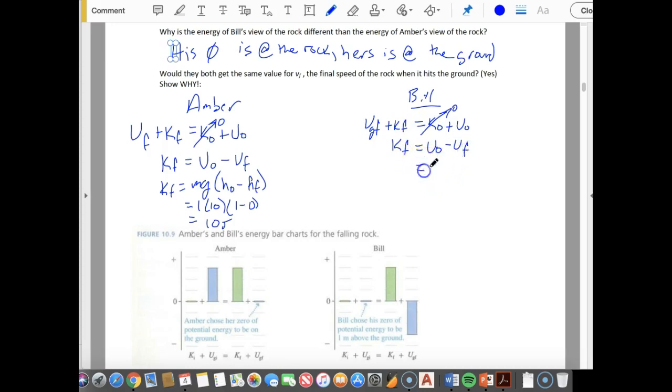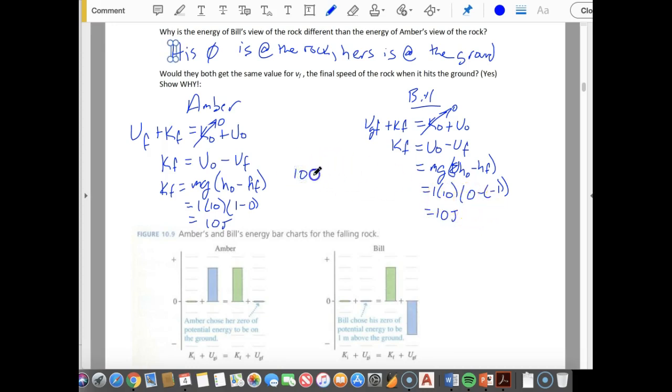This is mg times the original height minus the final height. That's equal to 1 times 10 times (0 minus -1), since that was his definition. So this is also equal to 10 joules for our final kinetic energy.